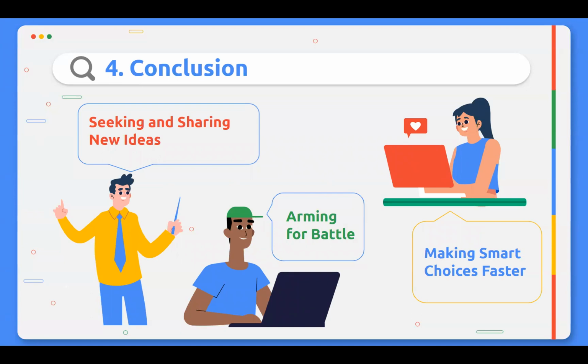We also see users who are armed for battle in the sense that they have more resources, more research behind them and information to help them make big decisions. And the third one is that we see users making smart choices faster. So they're able to get to that first moment of truth with already a clear idea of what they're going to go ahead and purchase.